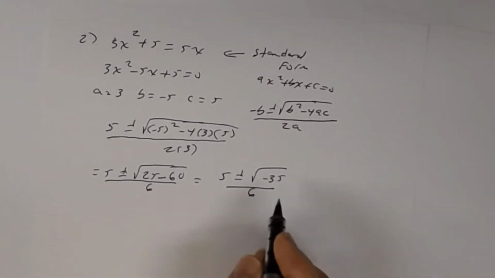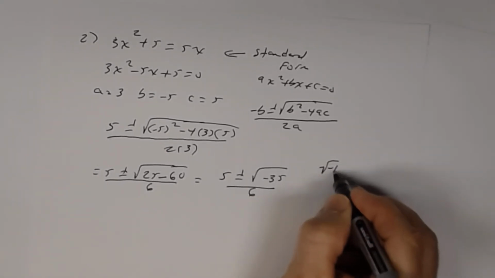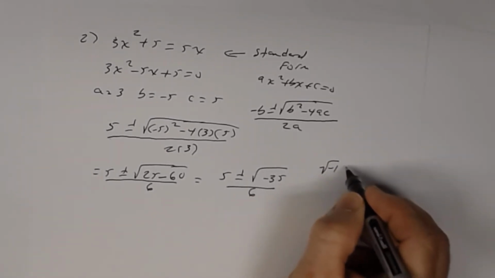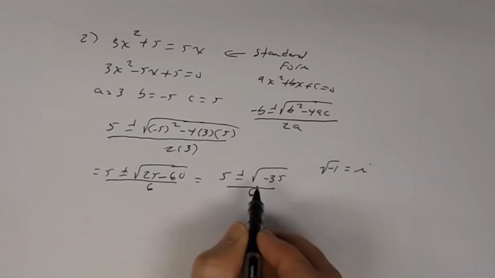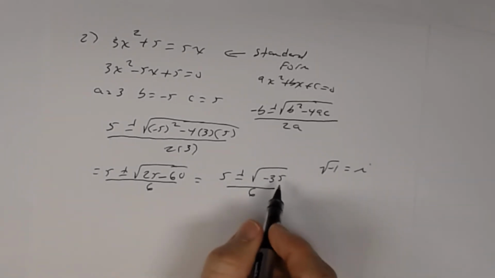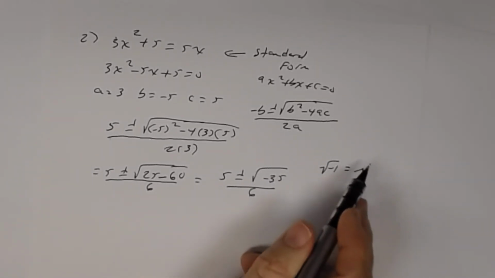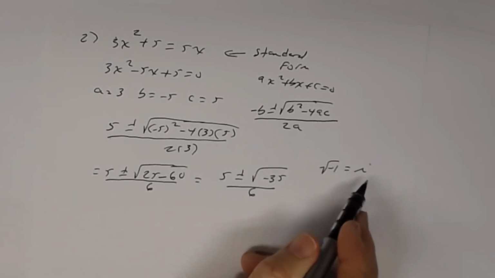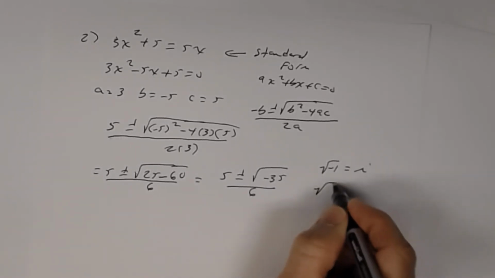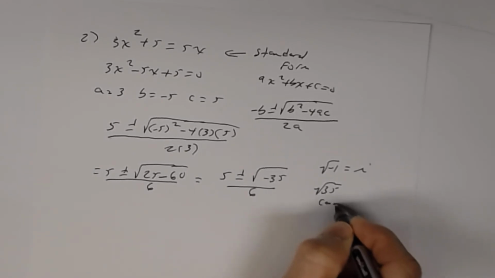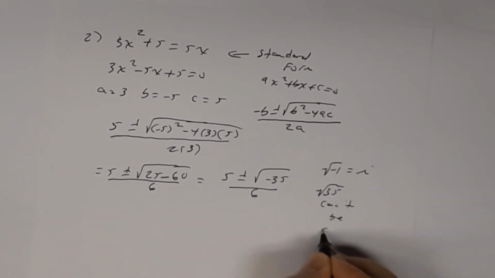Now remember, the square root of -1 is defined to be i. This is not a real number, but we can write it in terms of complex numbers, in terms of an imaginary number. Also know that the square root of 35 can't be simplified.